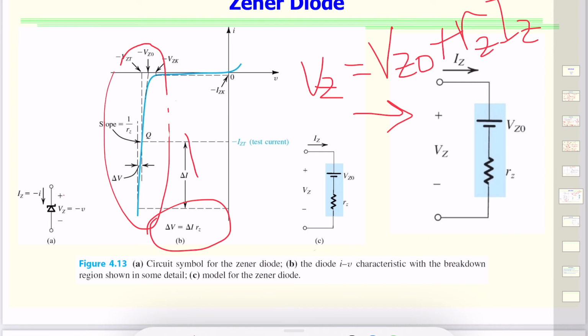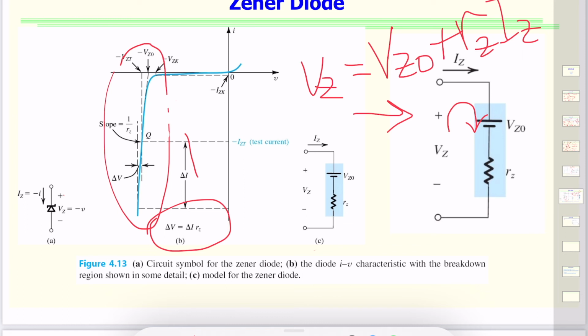So this is the equivalent circuit that can be described for this. All we are doing is adding the voltage drops across this loop.